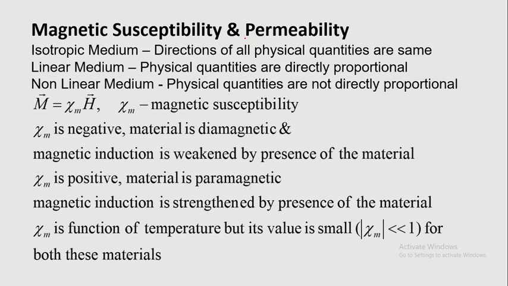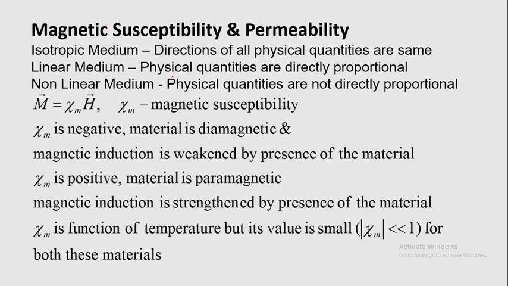It is similar to the permittivity in the case of electrostatics. So it is called the permeability, and it is a constant quantity. For diamagnetic and paramagnetic materials, permeability and susceptibility are constant.